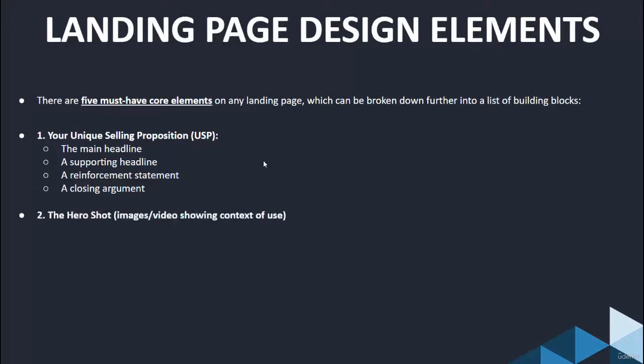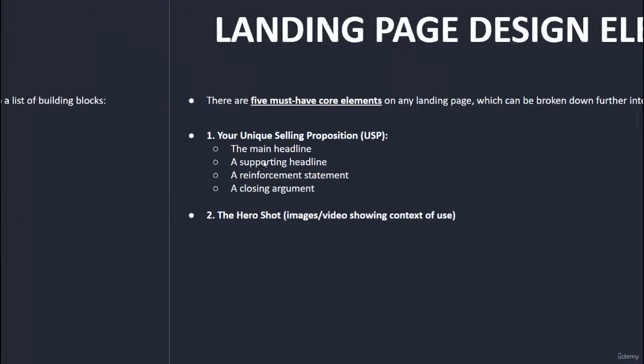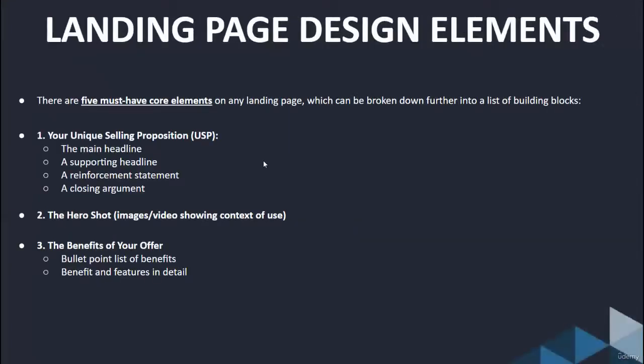Nice and simple. And so number 2, which is the hero shot, and this is where we have images or maybe a video that talks about that particular product, that service, that offer that you're presenting, right? Nice and simple. And then number 3, this is where we have the benefits.